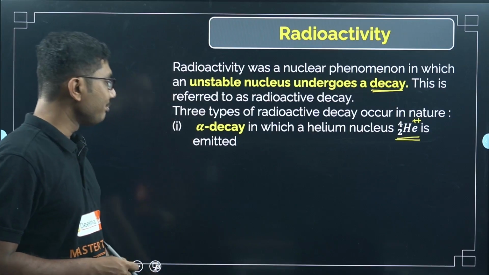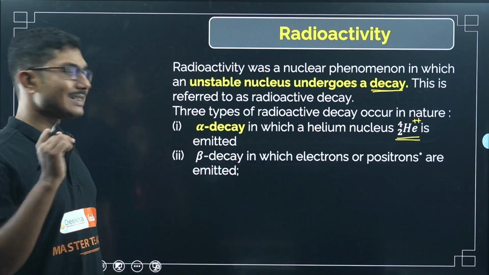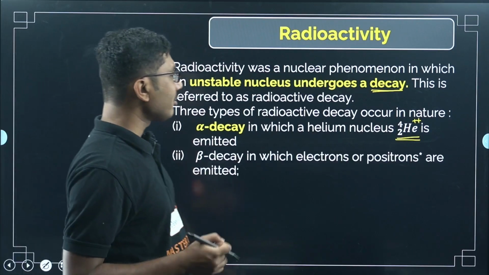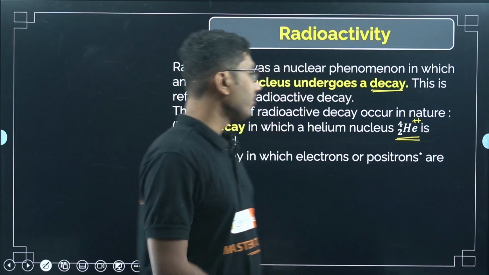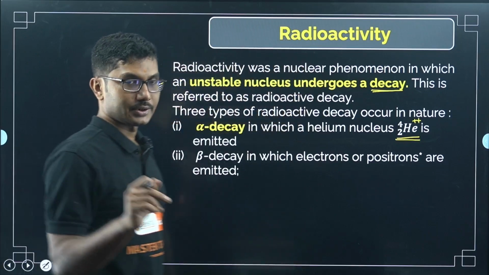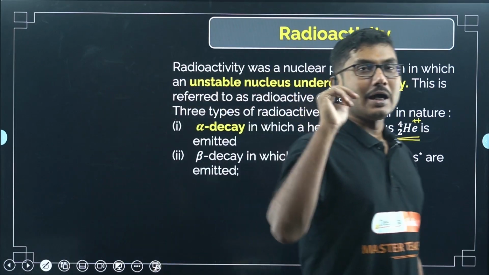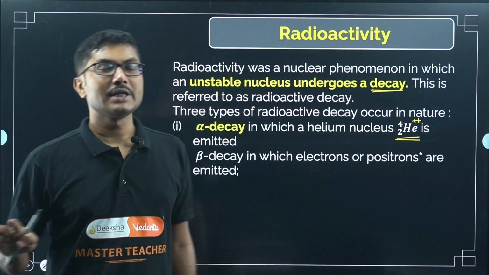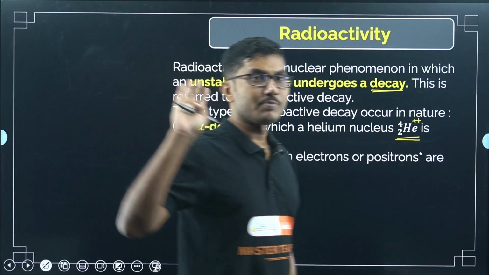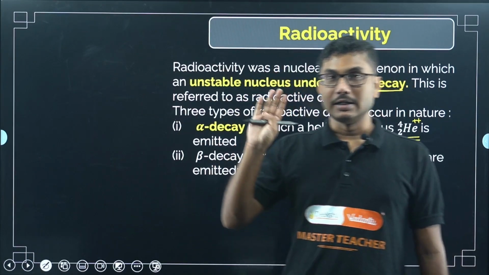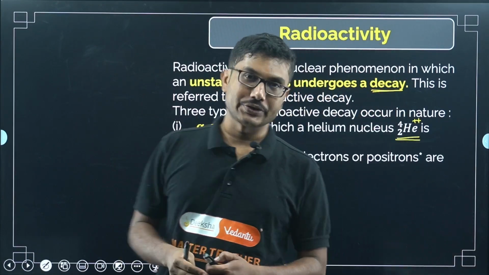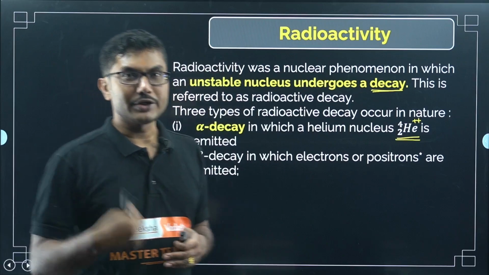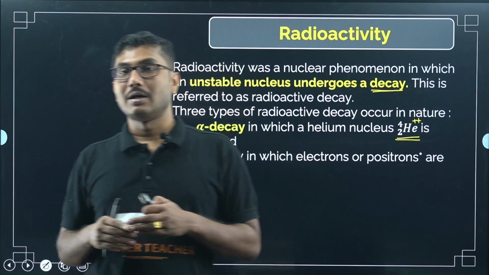Next is beta decay. Beta decay is interesting, in which electrons or positrons are emitted from the nucleus. We should remember that even though these electrons and positrons are coming out of the nucleus, there is no electron or positron present inside the nucleus. This is a process through which nuclear emission is happening.